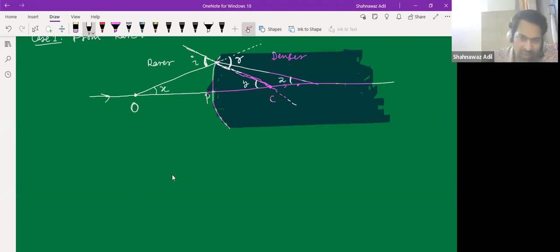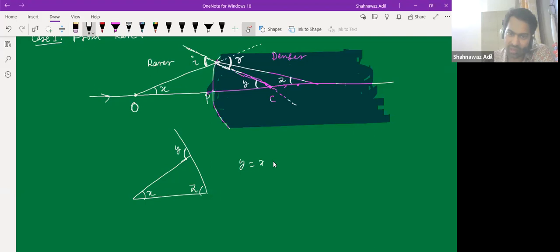So do you guys know this relation that if we have this external angle, right, and this internal angle, what is the relation between this exterior angle and this interior angle? So Y is X plus Z, right? This is the relation between exterior angle and the interior angle, right? Yes, sir. Yeah, so just remember that thing.